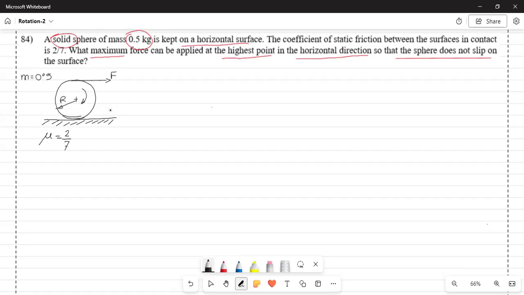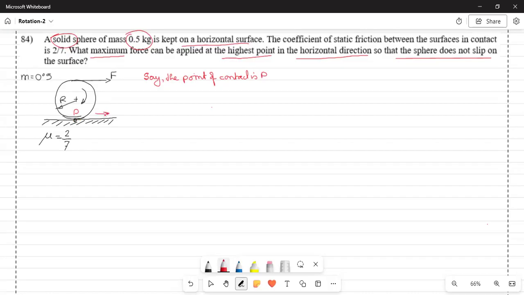Now, let's say the point of contact is P. Obviously, if there is a dragging, then P will be dragged in forward direction.